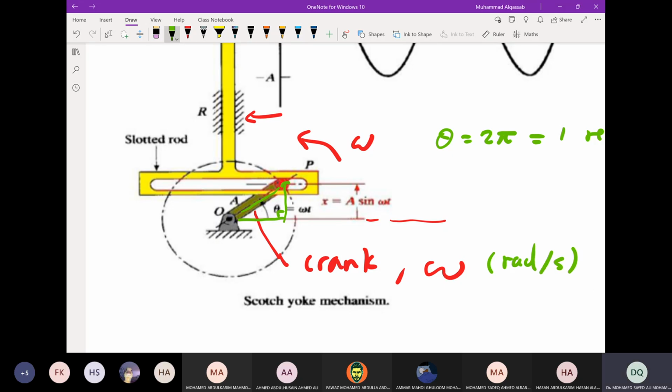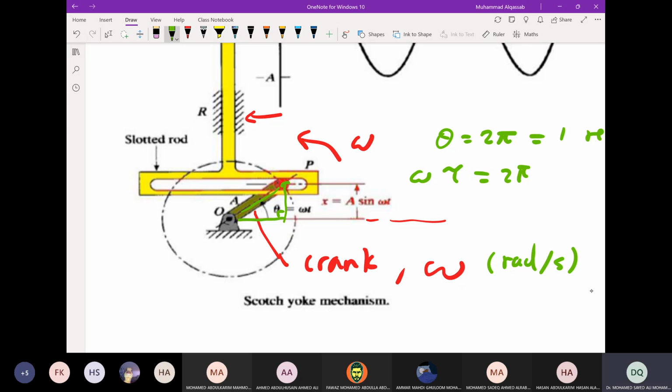Okay, so for 1 revolution, you can put theta equal to omega t. Let's say that tau is the time for 1 revolution. We call t equal to tau, which is the time to complete 1 revolution for the crank, where theta equals 2 pi.